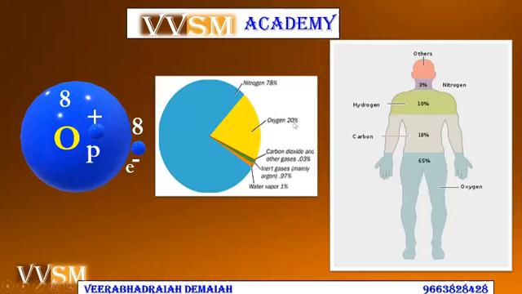The human body consists of 3% nitrogen at the part of the neck. Hydrogen is 10% in the chest part and carbon is 18% in the digestive system or abdomen, and 65% below the abdomen, oxygen.